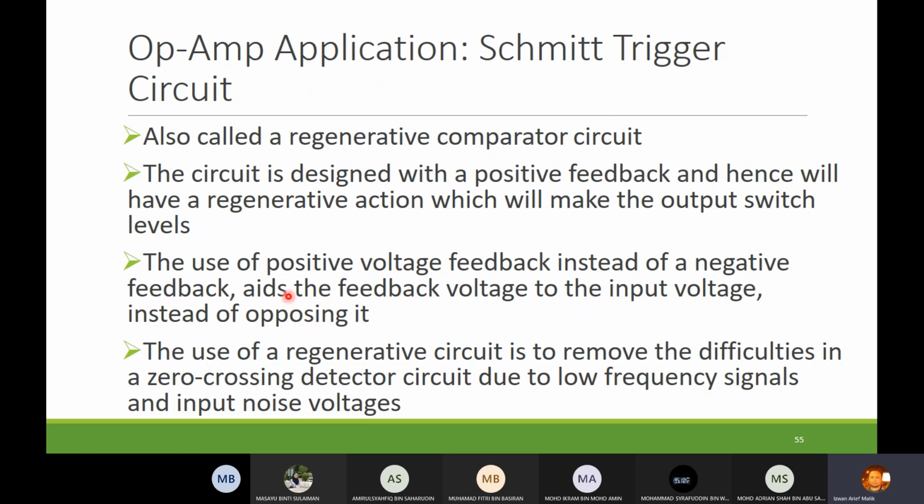Okay, dia akan membantu bila kita gunakan positive voltage instead of guna negative feedback. So the use of a regenerative circuit is to remove the difficulties in a zero crossing detector circuit due to low frequency signals and input noise voltages.